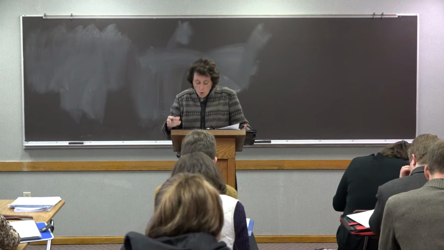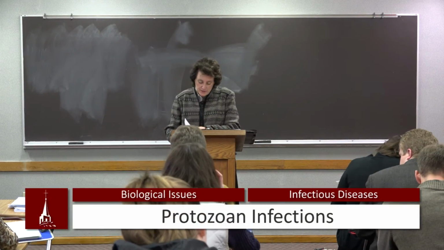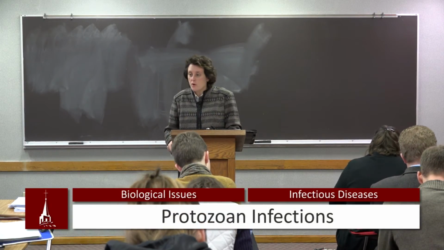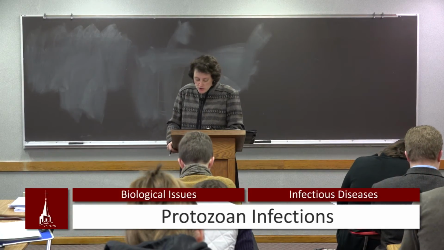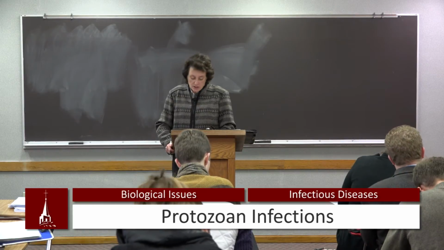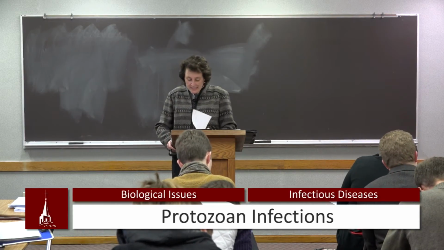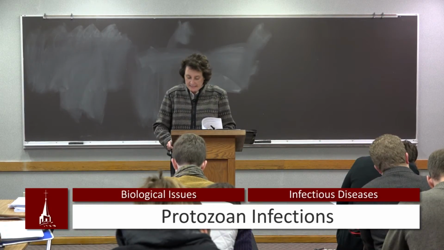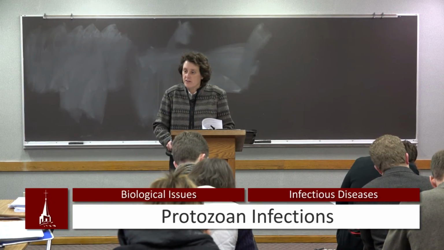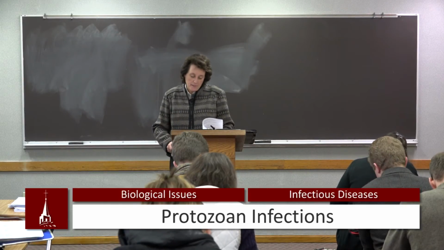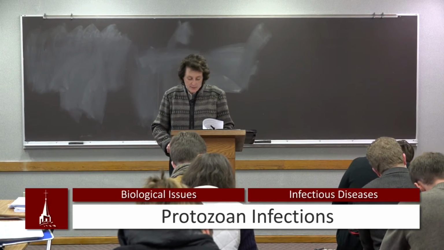Organism number 4, protozoans. Protozoans are large, more complex, single-celled organisms. They're more animal-like, in contrast to the fungi that are more plant-like. They're not plants, they're not animals, as far as how we classify them in biology.